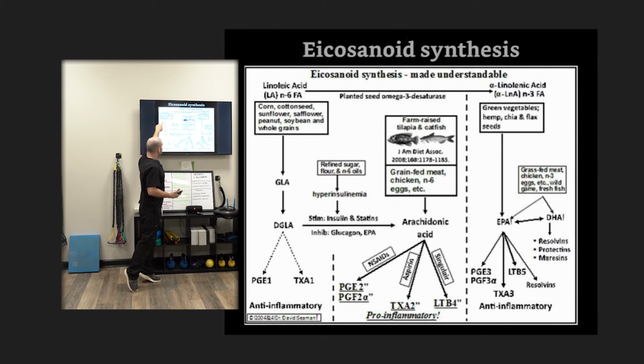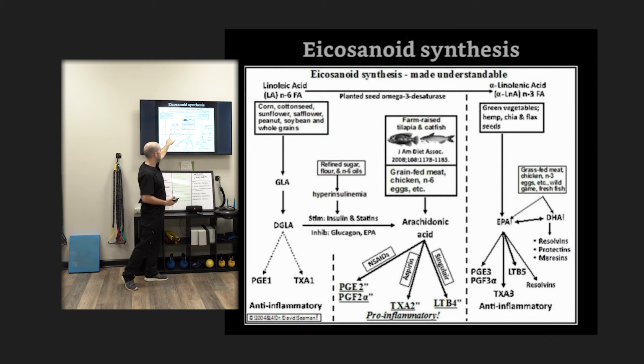All right. So this comes down our pathway here. So GLA, DGLA, these are just different fatty acid pathways. Then eventually we end up turning into anti-inflammatory pathways. So in a perfect world, these would actually get converted into anti-inflammatory prostaglandins and thromboxane.